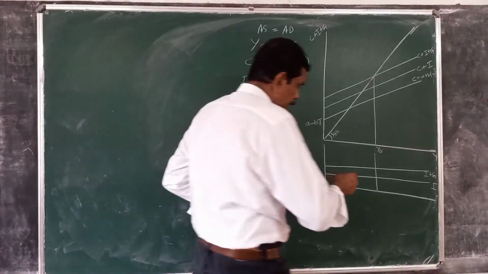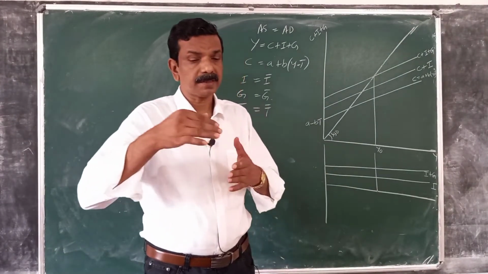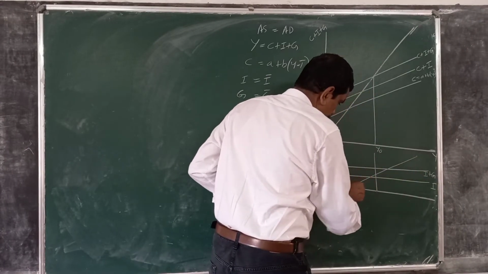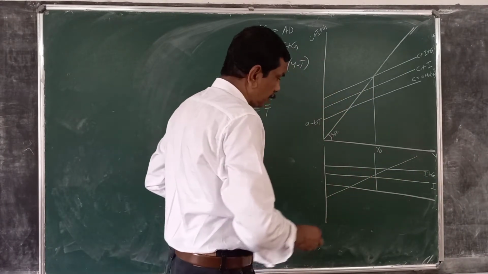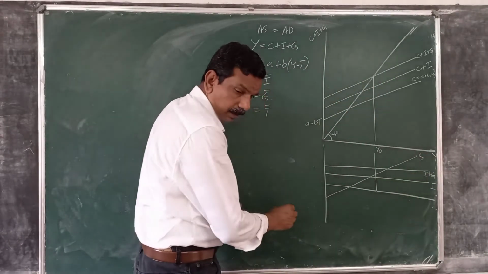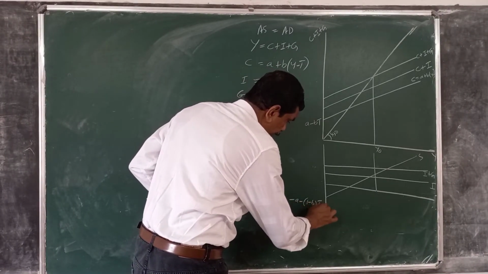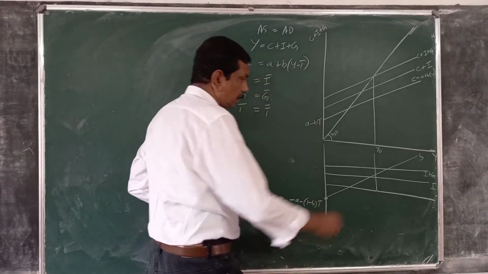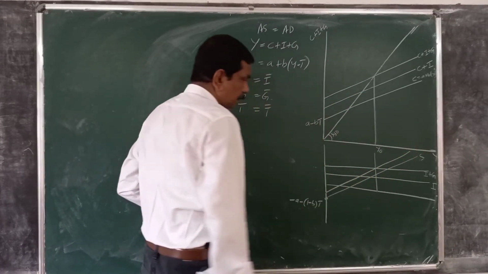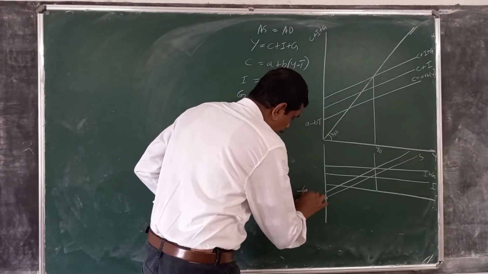Now remember this. The S function has the intercept, as we have derived earlier, minus A minus (1 minus b)T, and S plus T has the intercept that we also derived in the last class, minus of A minus bT.